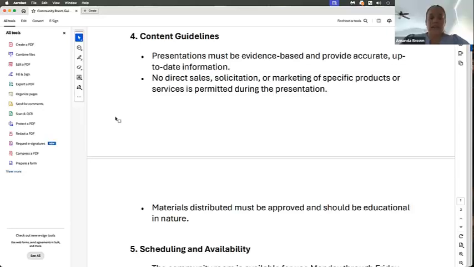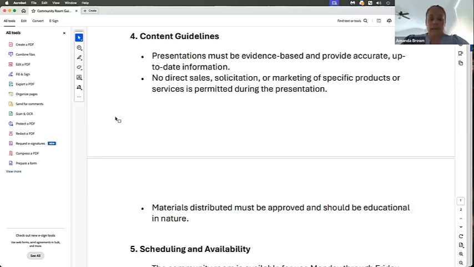Yep, so we just ask that anything that's presented is evidence-based and accurate and up to date. We do not allow any direct sales or solicitation. So if there's a certain product that you are promoting, we ask that you do not mention the product or that you are a representative of that product, because we cannot promote sales within our clinic.